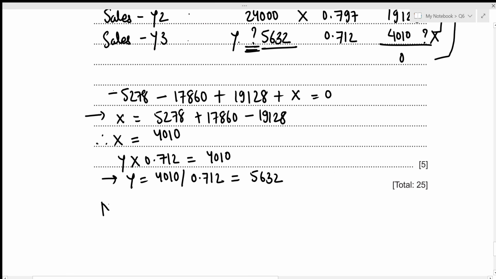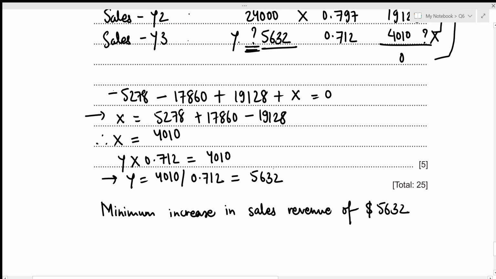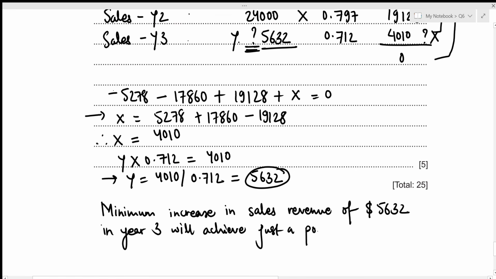So minimum increase in sales revenue of 5,632, which we just figured out, in year 3 will achieve just a positive net present value.